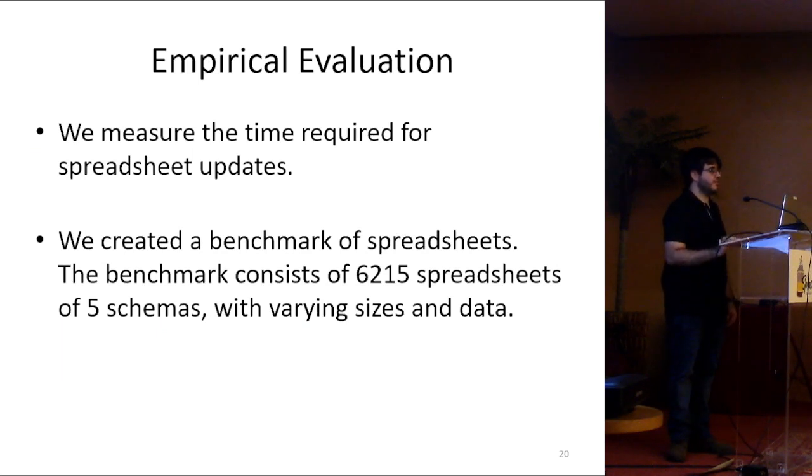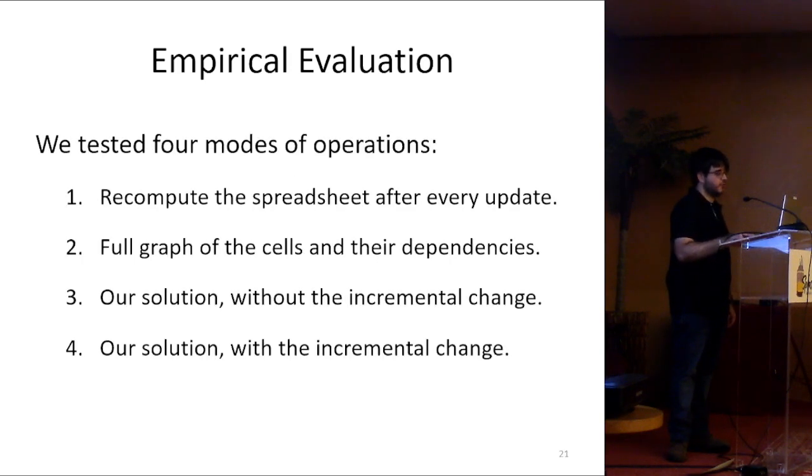In the empirical evaluation, we wanted to check how much time we save by our algorithm. So we created a benchmark of spreadsheets. We have 6,215 spreadsheets of 5 schemas with varying sizes and data. And we tested 4 modes of operation on these spreadsheets.